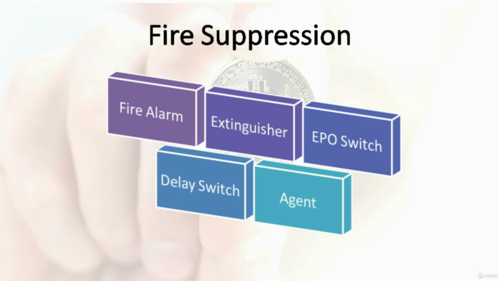So the next one is the emergency power off switch, or the EPO switch. In the event of a fire, the EPO, or emergency power off switch, will automatically cut off electricity for safety.